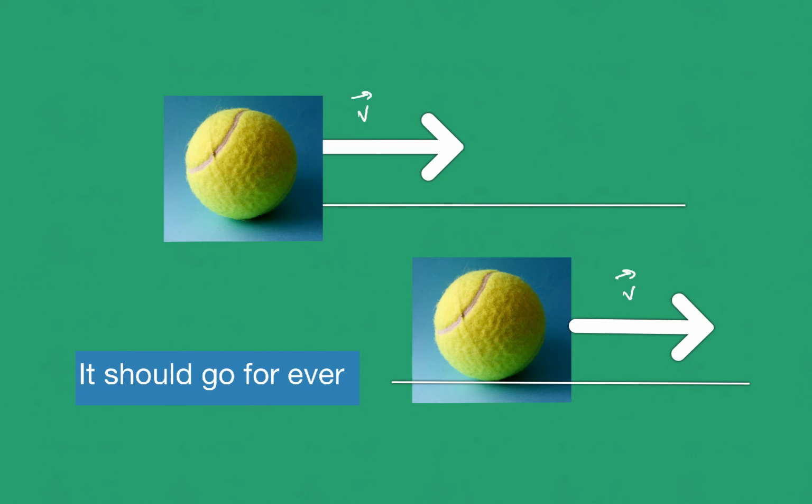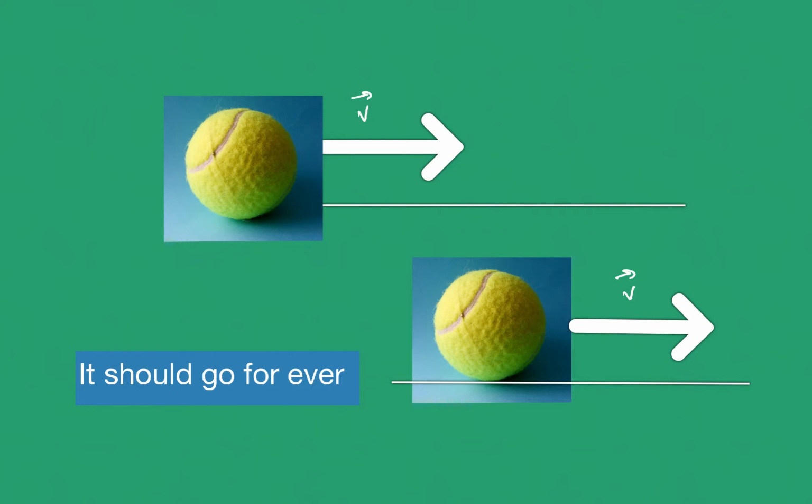For example, imagine this object. It's a tennis ball. Imagine that the object is moving in this direction with a certain magnitude of the velocity v. This is the vector v. If nothing is acting on the object, it should move at a later time with the same vector velocity, the same direction, and the same magnitude.